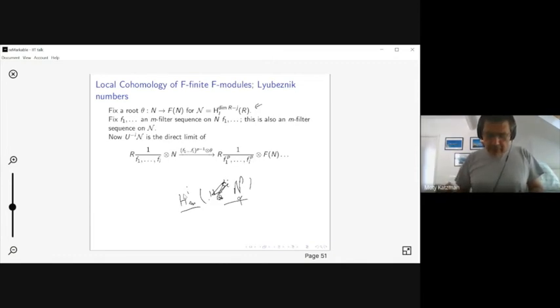And when you look at what you end up with, using the previous lemma that says a tensor product of two finite F-modules has a generating morphism given by the tensor products of the generating morphisms, what you end up with is a finite F-module. So this is a finite F-module which has this as a generating morphism.